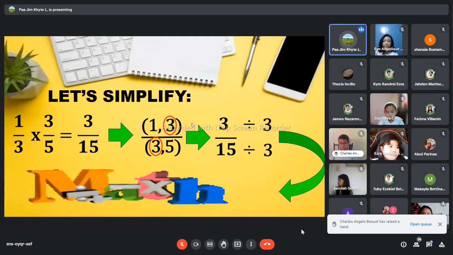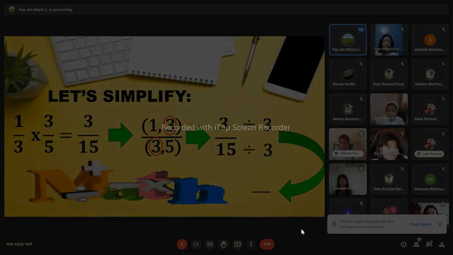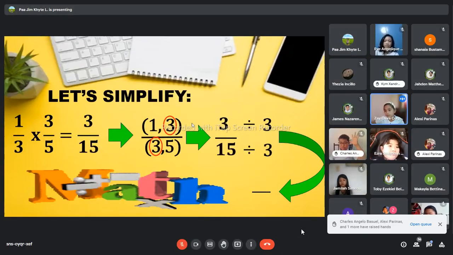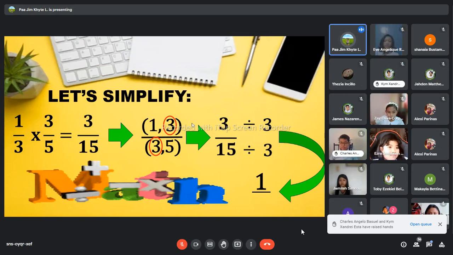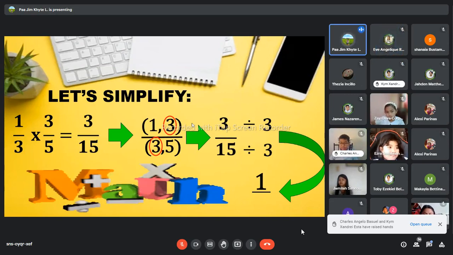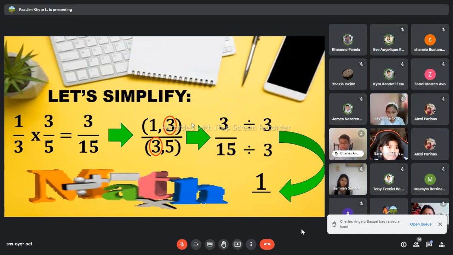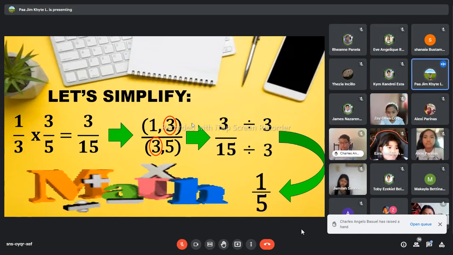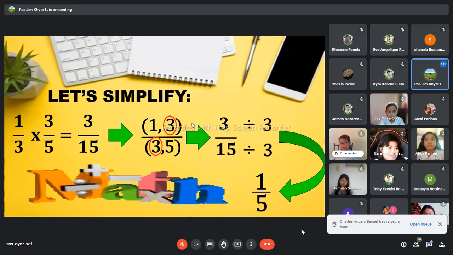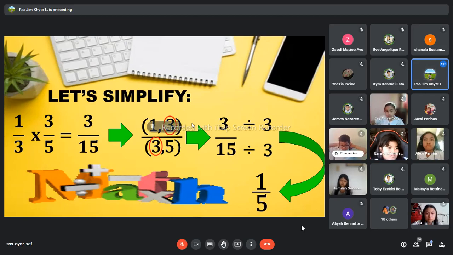So 3 divided by 3 is equals to, anyone? 1, ma'am. And 15 divided by 3 is equals to 5, ma'am. You're right. It's 5. So if we simplify our answer 3/15, it will become 1/5.